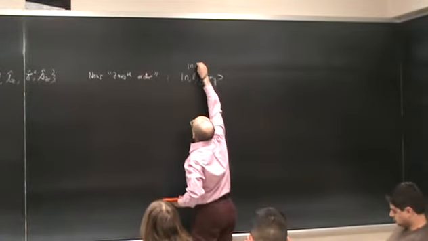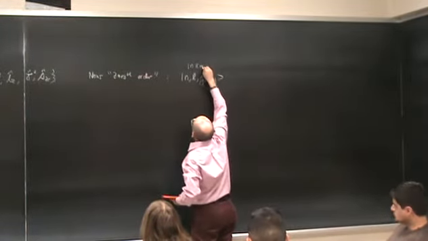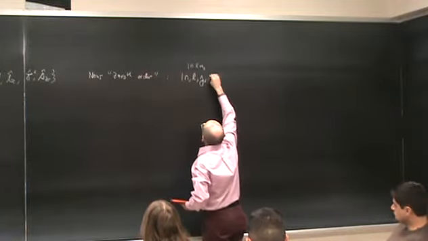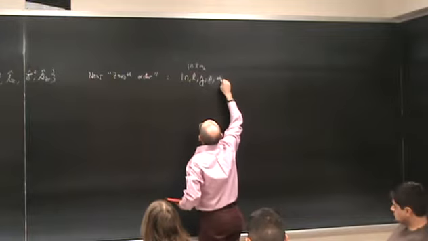We had n, l, and m_l. Well, I guess I have s in there too, but of course s is fixed, and j and m_j.